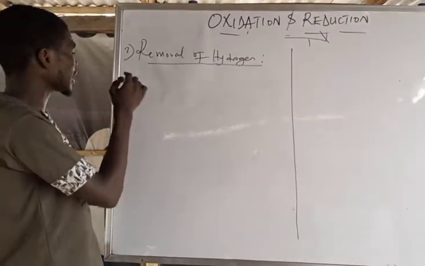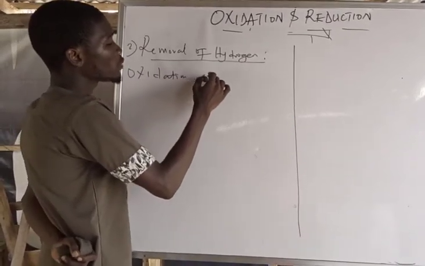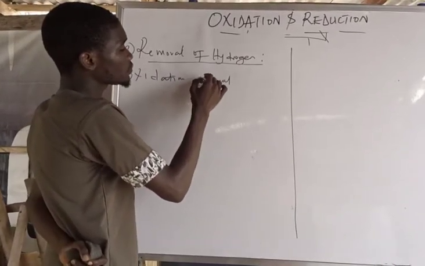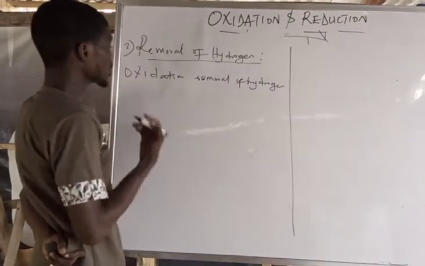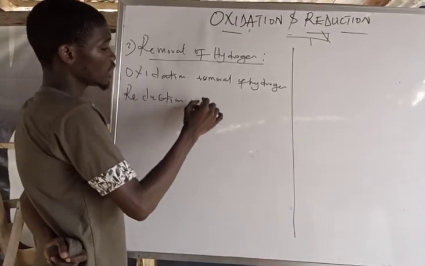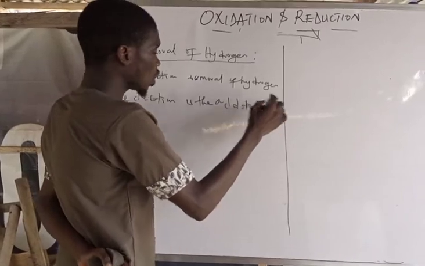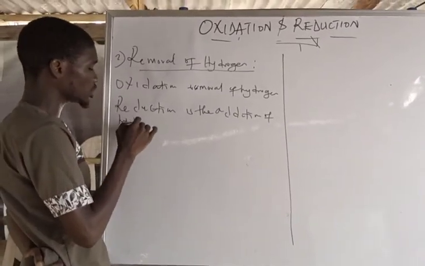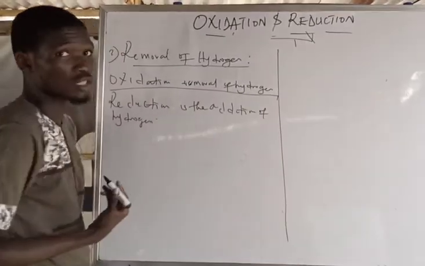So here we can say oxidation is removal of hydrogen, while reduction is the addition of hydrogen. These are two different things entirely.